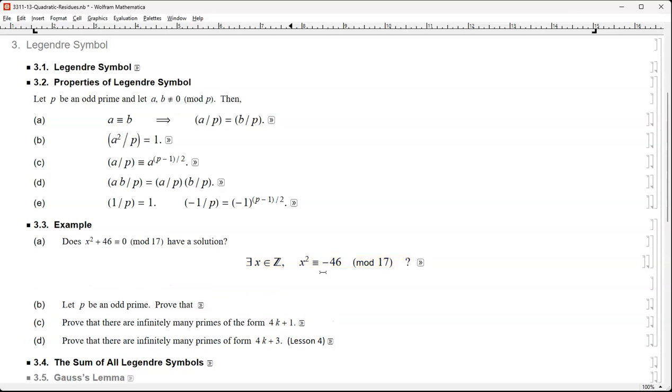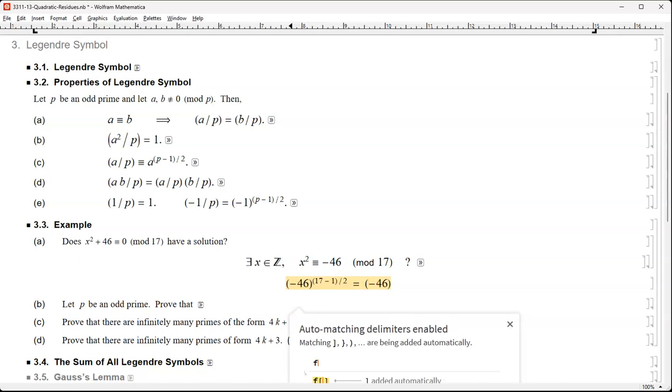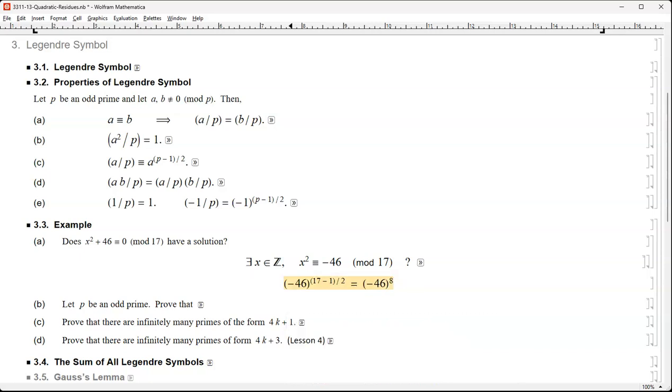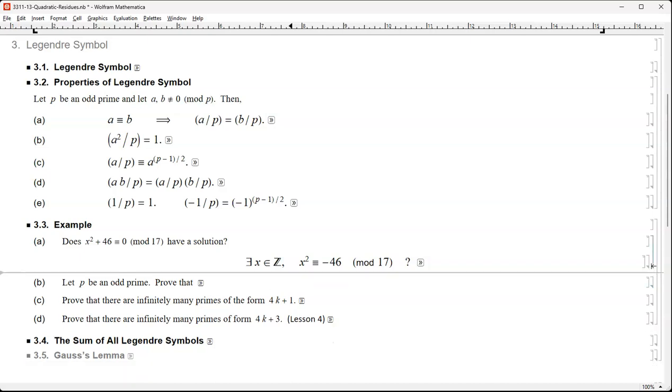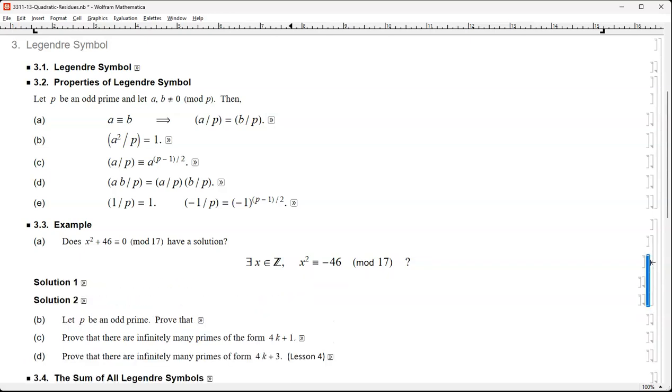One way to find out is, of course, to do it this way. -46 to the (17 minus 1) over 2 power, and what is this? Negative 46 to the 8th power, isn't it? You can do it this way, but even with a calculator it's going to be hard. If you don't have a calculator, you can't do it that way.